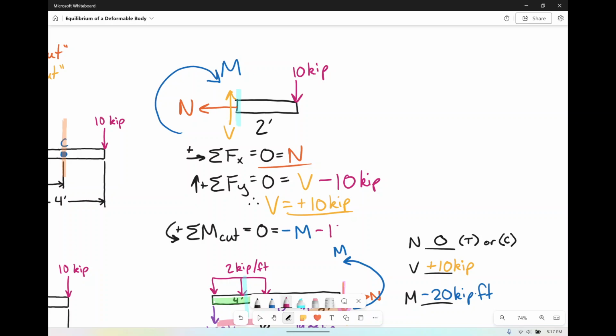So we have minus 10 kips times a grand total of 2 feet, which who would have guessed it? Therefore, that means moment is, in the easiest way humanly possible to see this, minus 20 kip feet. And as you can see again, the exact same answer.